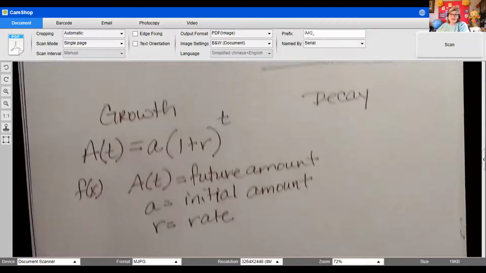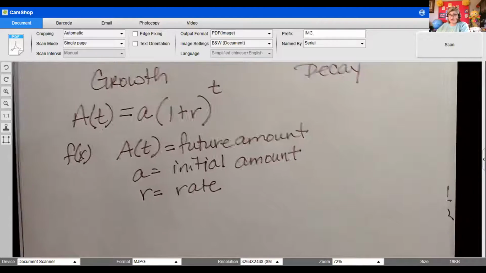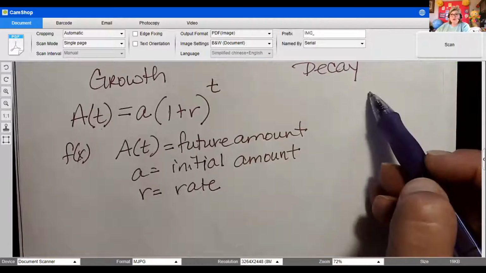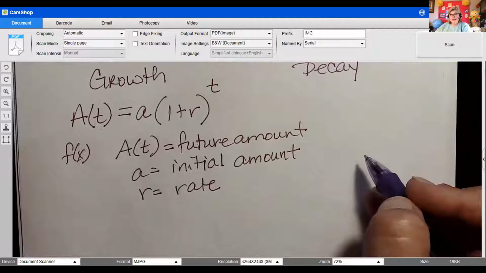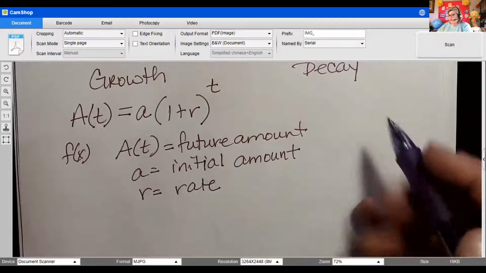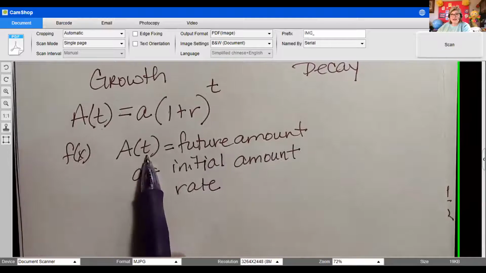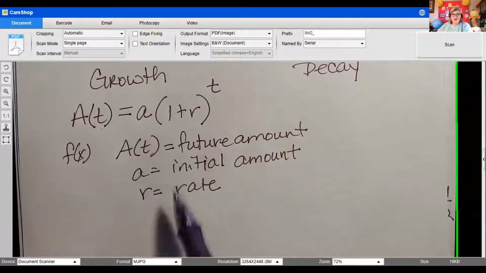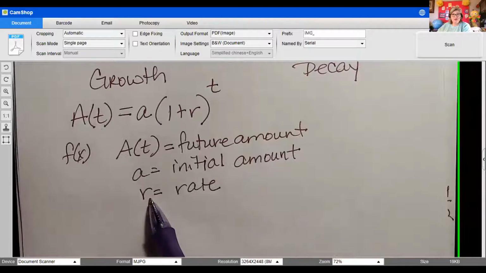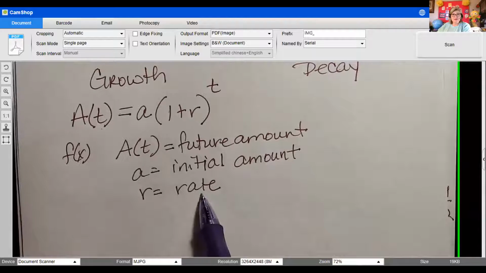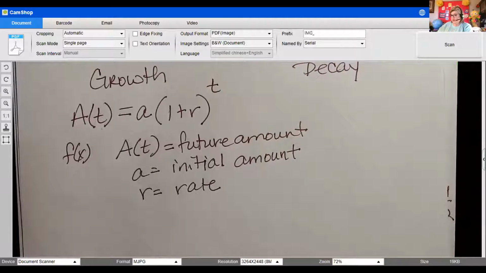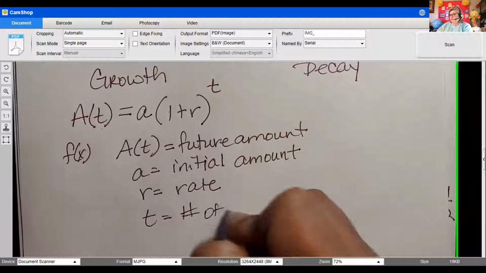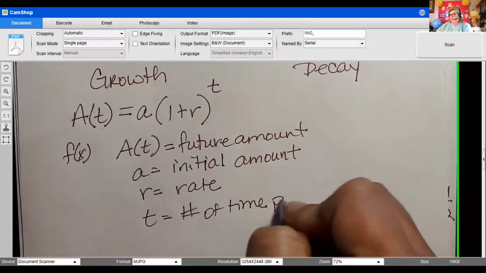In this model, it is a growth rate because we're only looking at the growth model right now. But in your decay model, you're going to see that it could also be a decay rate. So we have the future amount is A of t, initial amount is A, the rate of growth in this situation is R, and then t is number of time periods.